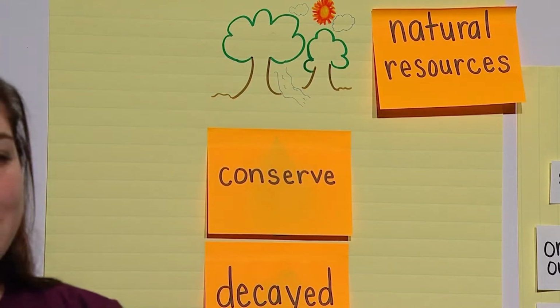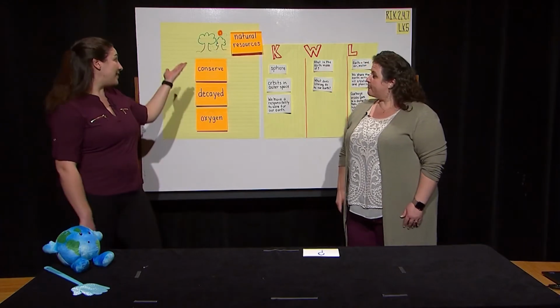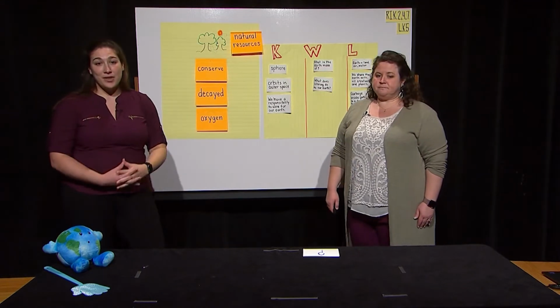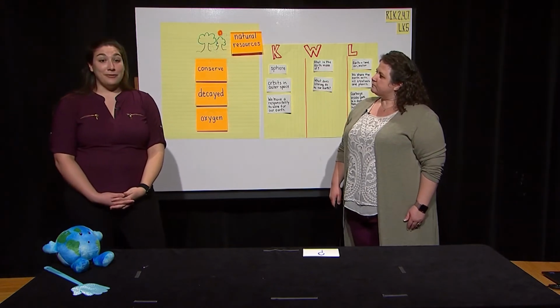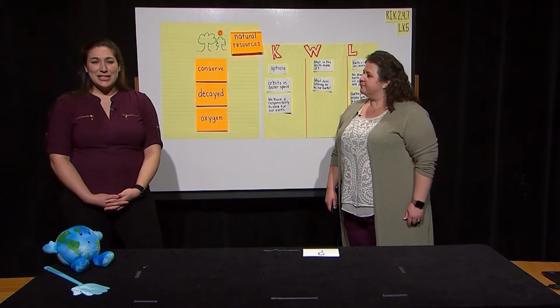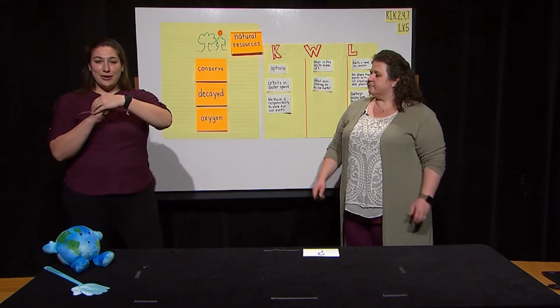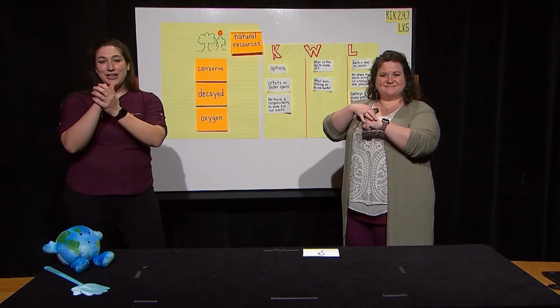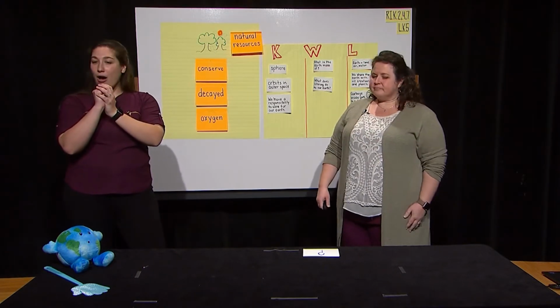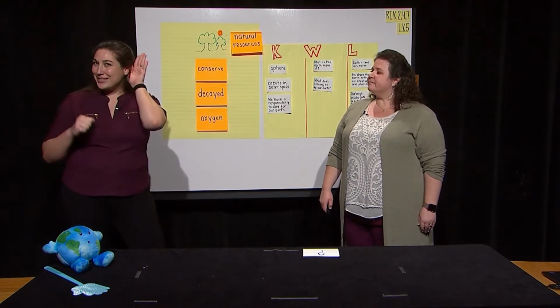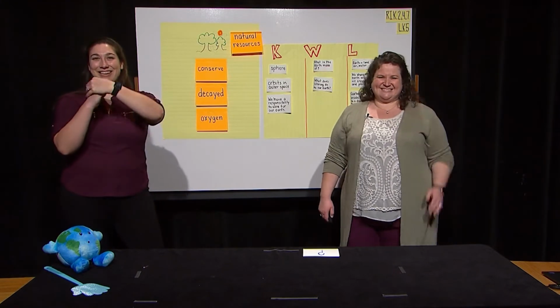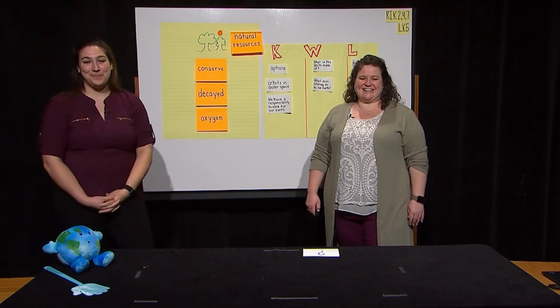Natural resources are things found in nature, like this land, air, and water, that are valuable and of great importance to people. Let's put a hand motion with this to help us remember. Let's move our hand over our fist like this to show that natural resources are all over Earth. What's the phrase? Yes, natural resources.